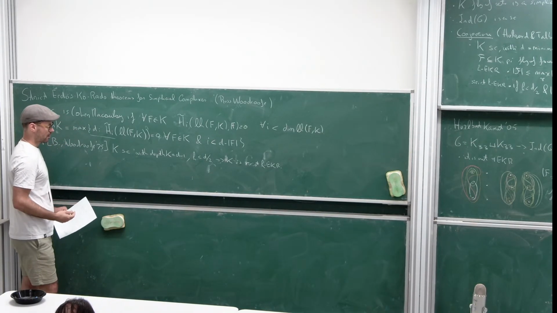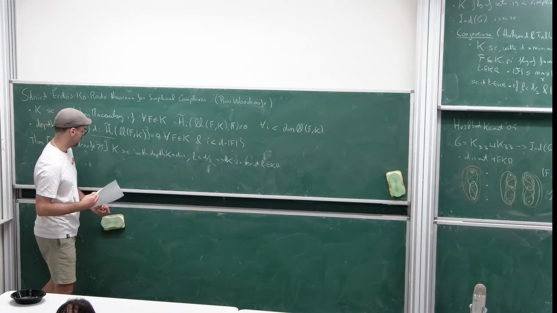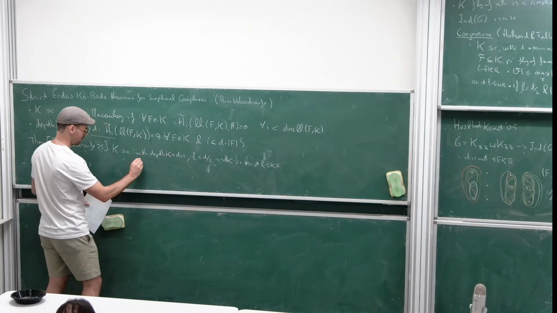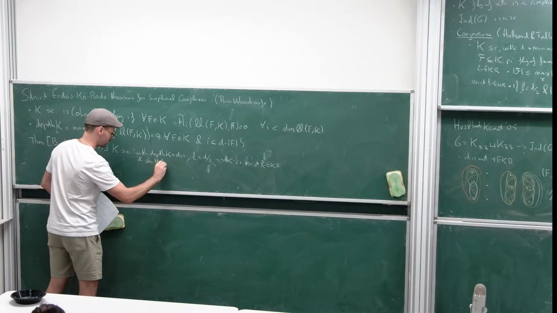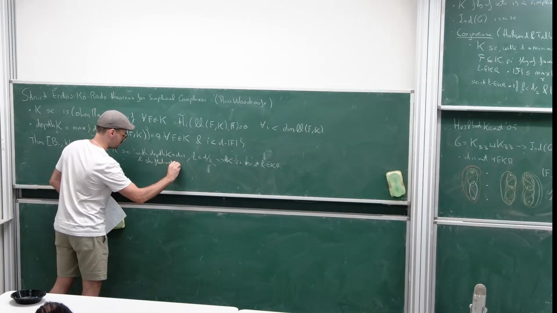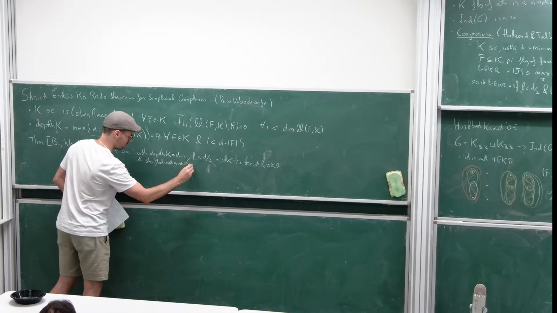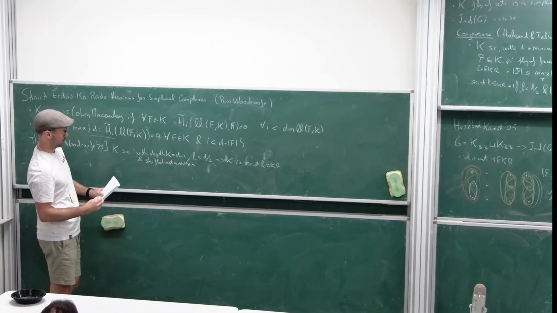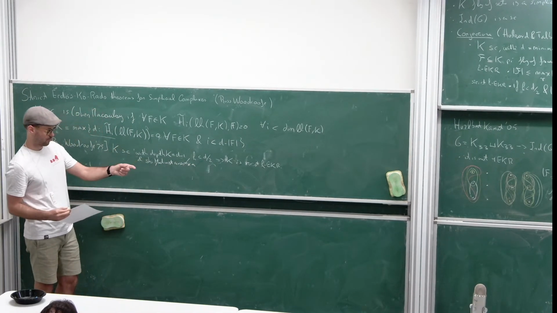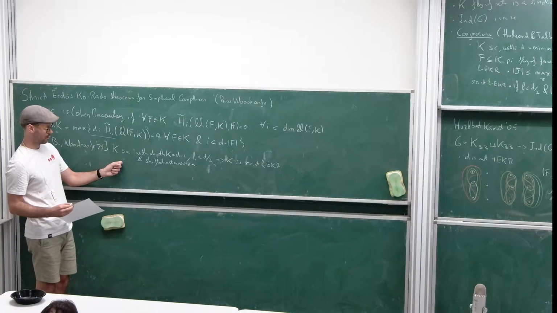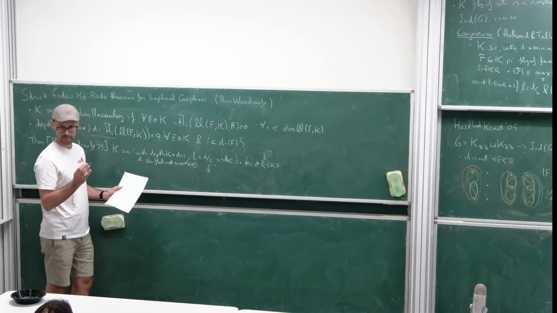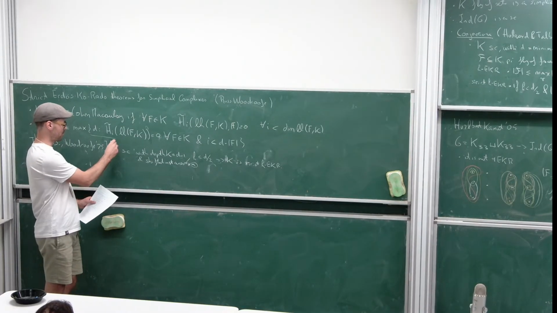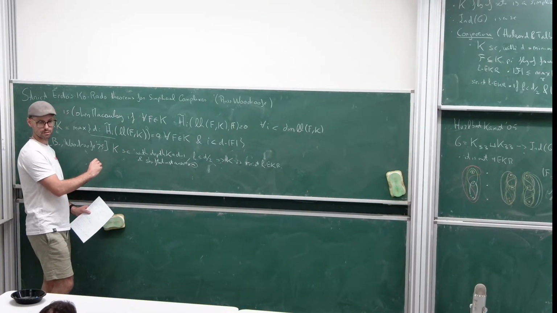So instead of looking at the minimum facet cardinality, we look at depth, and K is shifted with respect to a vertex A. Shifted with respect to a vertex A means that if you do combinatorial shifting on this simplicial complex, sending any vertex to the apex A, the simplicial complex will not change.